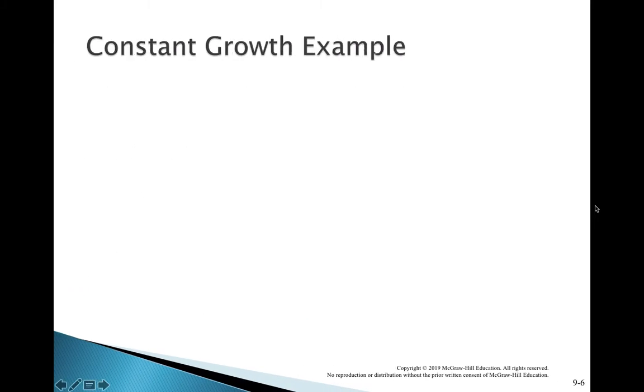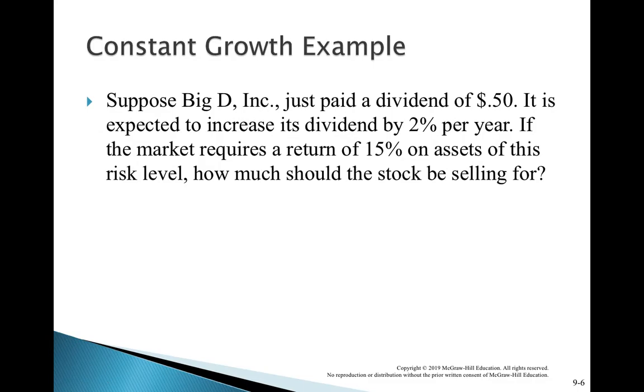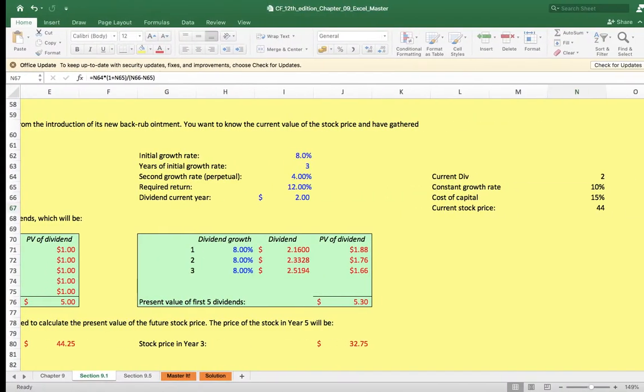Now let us go to the example given in this chapter. Suppose Big D Incorporation just paid a dividend of 50 cents. It is expected to increase its dividend by 2% per year. That means growth is 2%. If the market requires a return of 15% on assets of this risk level, how much should the stock be selling for? Simple.